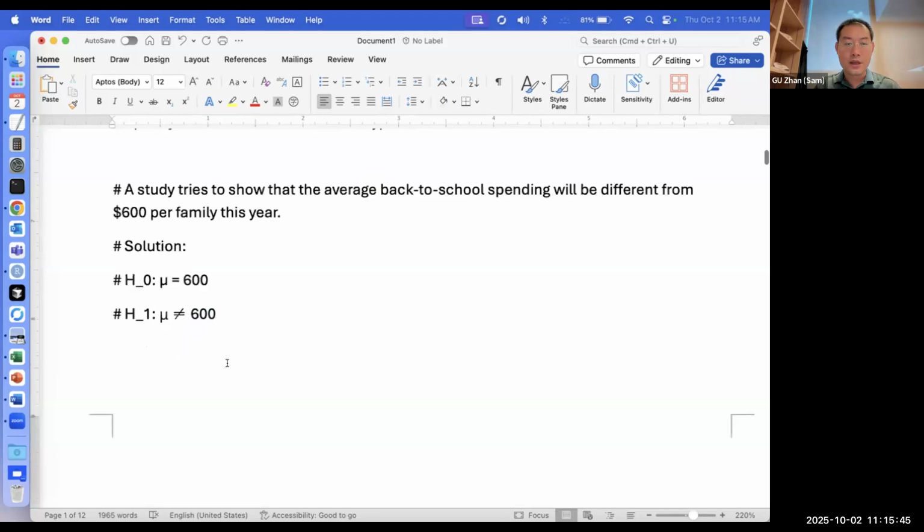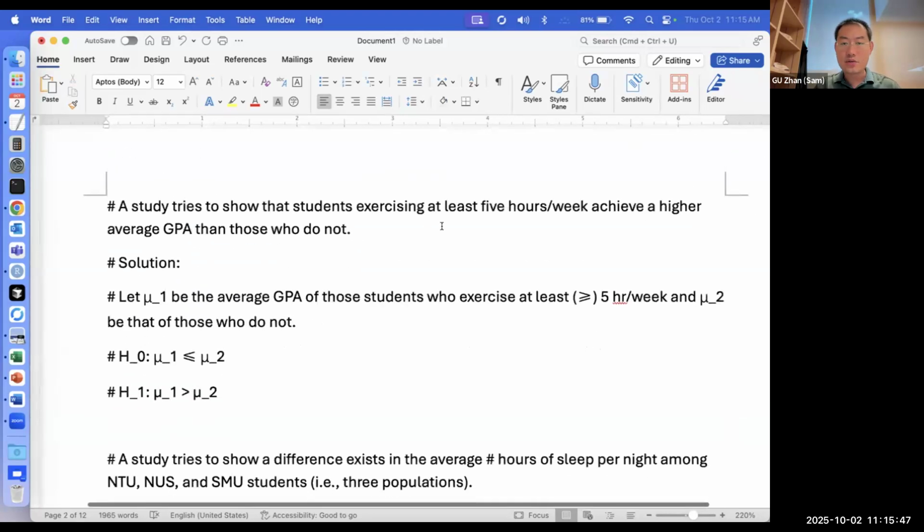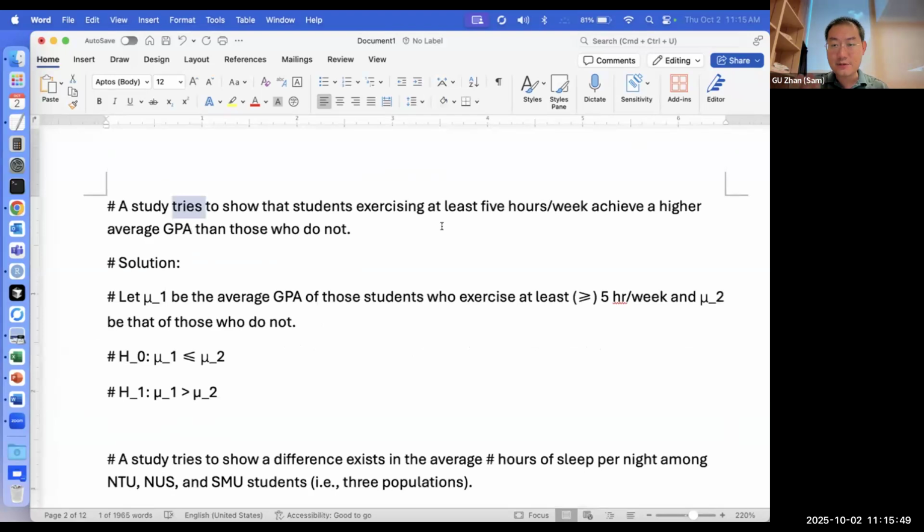Straightforward. Then the second study shows that students exercising at least 5 hours per week achieve a higher average GPA than those who do not. So we say mu1 is the average GPA of those students who exercise at least 5 hours per week, and mu2 is for those who don't. The null hypothesis is mu1 less than or equal to mu2.